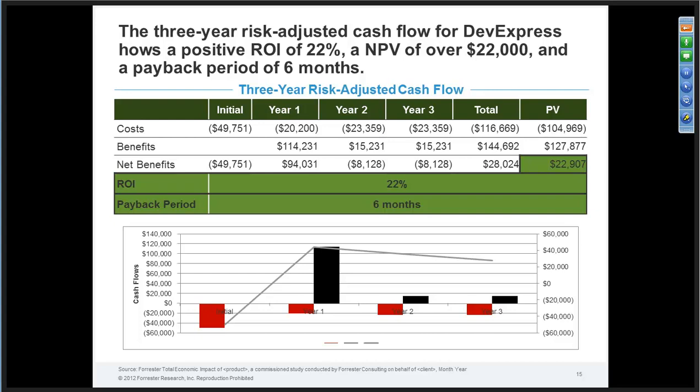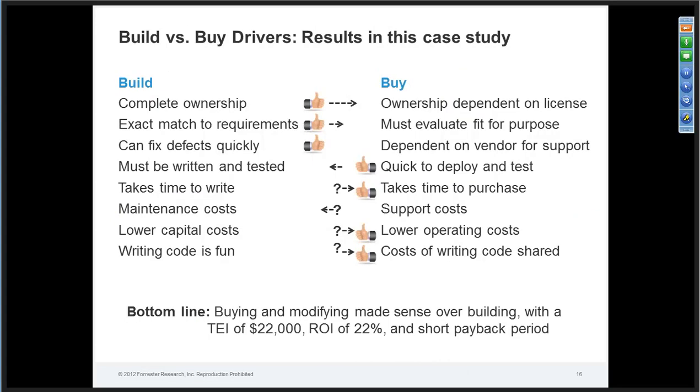So if we go back to that build versus buy driver from the initial slide early on in the presentation, and how this particular case study performed from an ownership perspective, because the license options for the DevExpress control were very flexible in terms of what they allowed them to do.